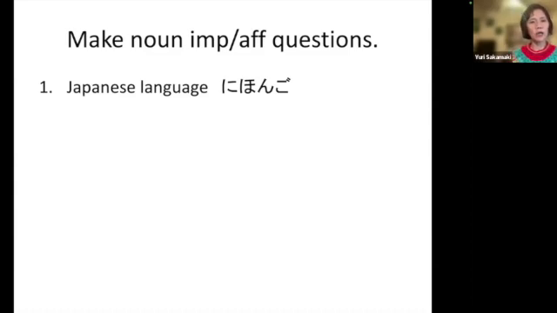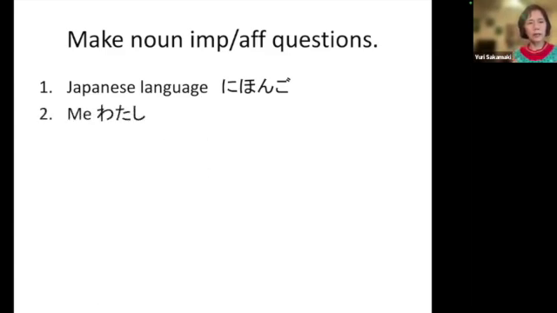So how would you do that? Nihongo desu ka? Right? Nihongo desu. Then you're saying it's a Japanese language, but I want to make that into a question. So Nihongo desu ka? Is it the Japanese language? Maybe this book is written in. Okay. 日本語ですか?